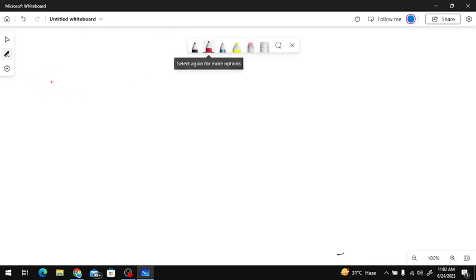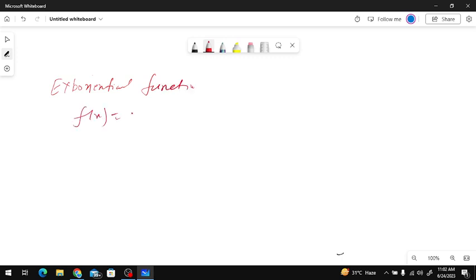If you write the exponential function, f(x) should be equal to a to the power x. The base a is a constant and the exponent x is a variable.